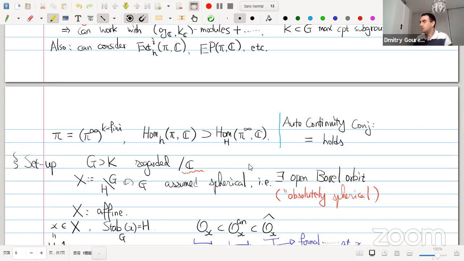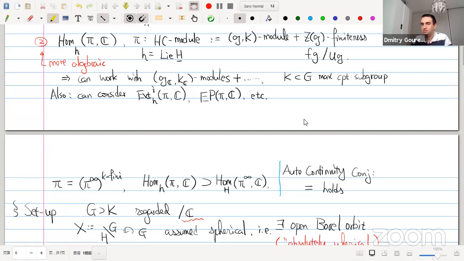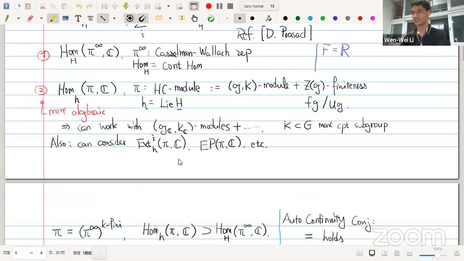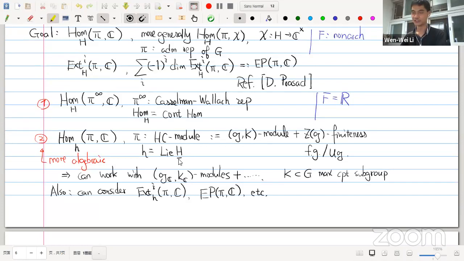And what about the case of symmetric pairs when there is automatic continuity for Hom? Yes. If you assume automatic continuity, but still, maybe that's easy for you, but I have no idea, because if you want to do homological algebra for Casselman-Wallach representations, then there are a lot of topological problems, right? The image of a continuous linear map is not always closed.